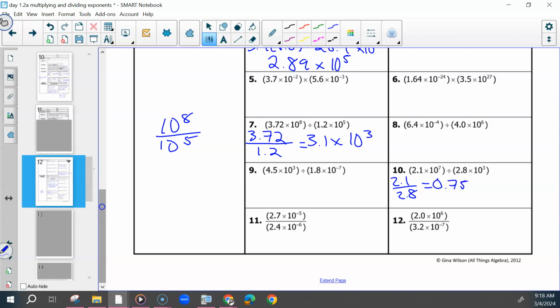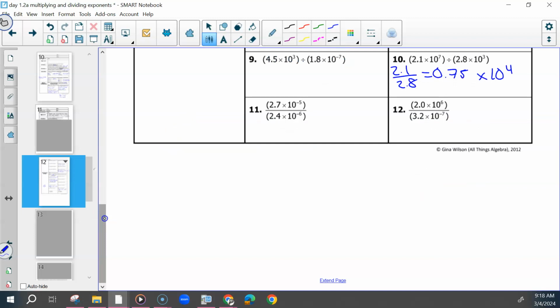And then if we're subtracting our exponents, our new exponent would be 4. But our decimal place is not a number between 1 and 10, so we'd have to move this to the right one. Which means we're going to go down in the exponent, subtract 2 times 10 to the third.